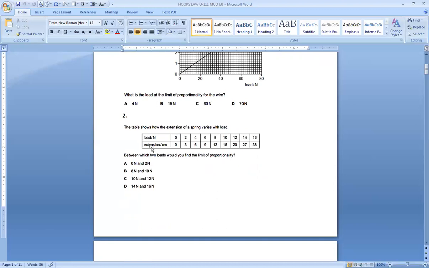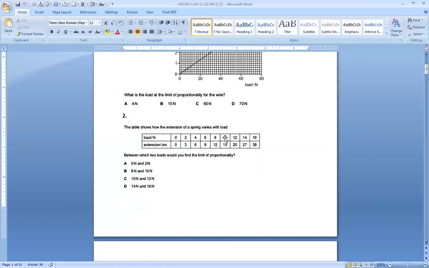If you look at the extension in the second row, there is a change of 3: 0 to 3, 3 to 6, 6 to 9, 9 to 12, 12 to 15. But then 15 to 20, there is a change of 5 centimeter. Before that, all the changes in the extension were 3 centimeter each for 2 Newton change in load.